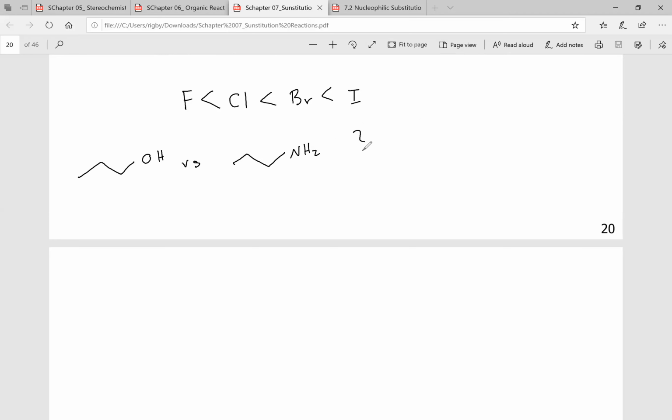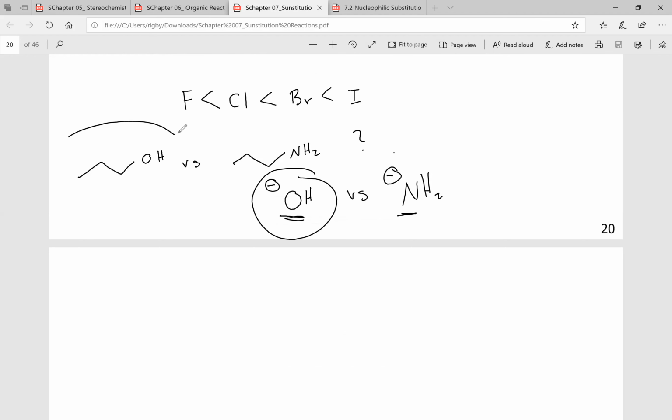All we do is we look at the quote-unquote conjugate base. You look at OH negative versus NH2 negative. Which one is more stable? Well, we look at the atomic effects. We see here that O and N are the same size, but O is more electronegative, so it's going to be more stable. So this one has the better leaving group, and you would just follow these trends with everything else.